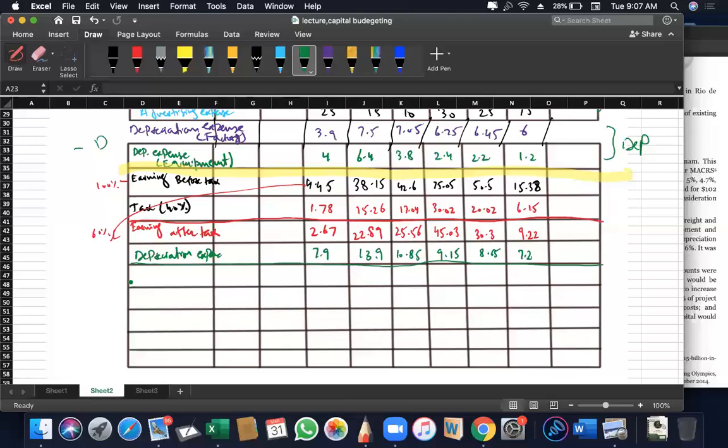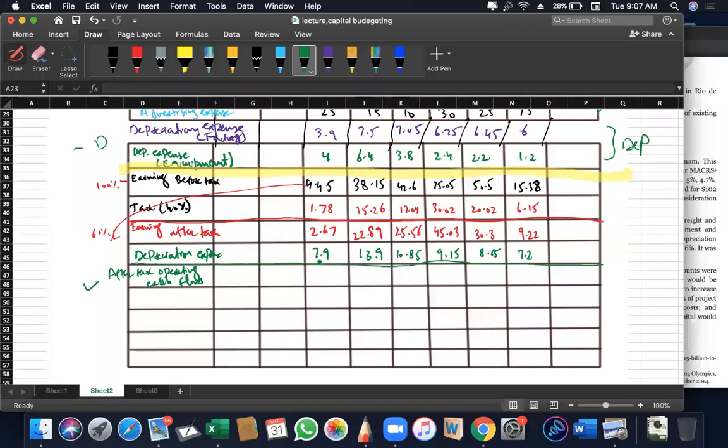Now after deducting it from this depreciation, adding back this, we will get after tax operating cash flows. This is what we need, after tax operating cash flow.